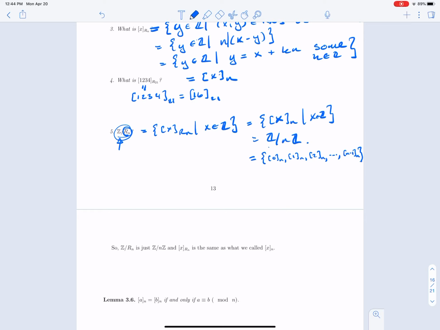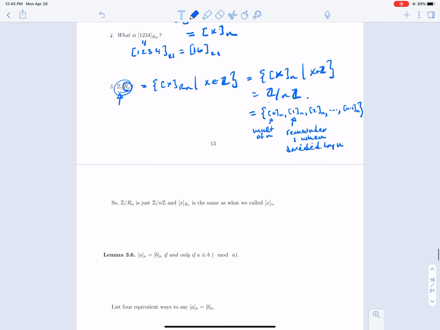And we just remember that these are the multiples of n. These are the things with remainder 1 when divided by n, and then 2, and then n minus 1.